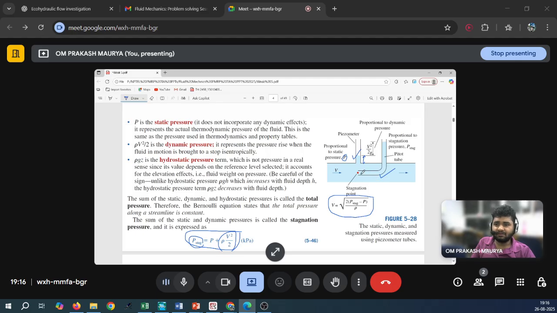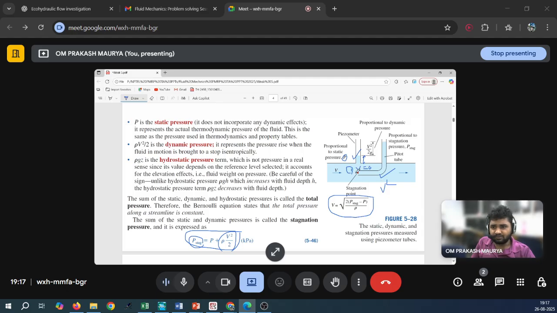Basically, let us suppose this is point 1 and point 2, where the velocity is 0. Once you apply Bernoulli's equation here, the velocity component v square by 2g will be 0, so only the right-hand side remains.